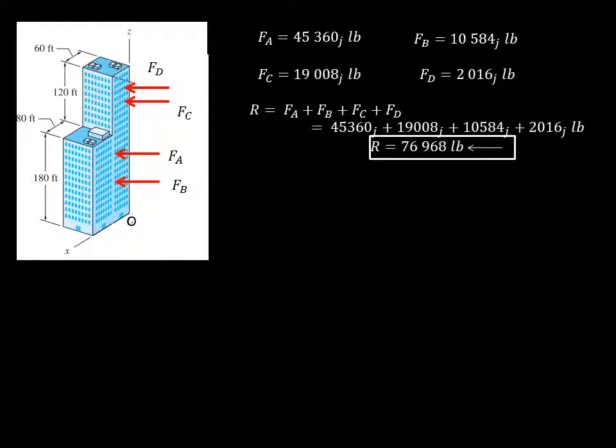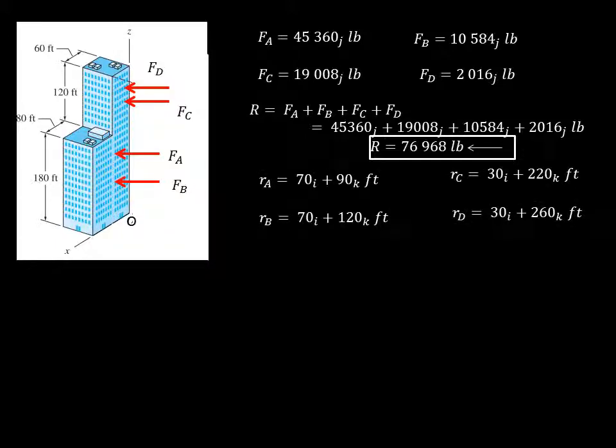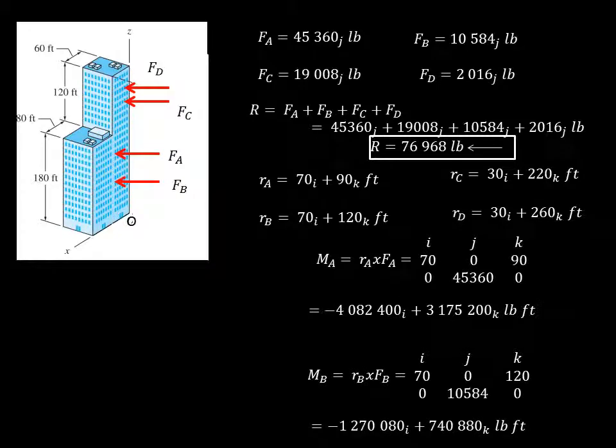Before we can solve for the moment, we must first identify the distance of the moment center from the forces in vector form. After we get them, let us get the cross product of the distance and the force, like so.